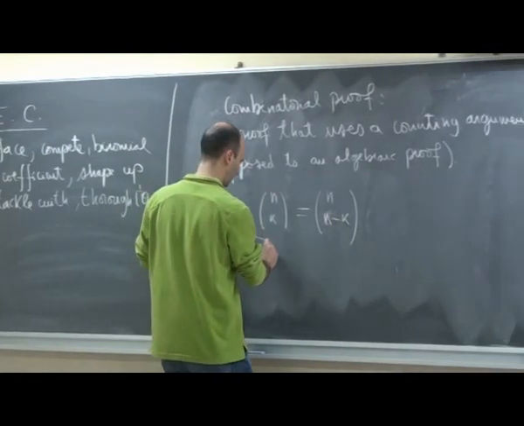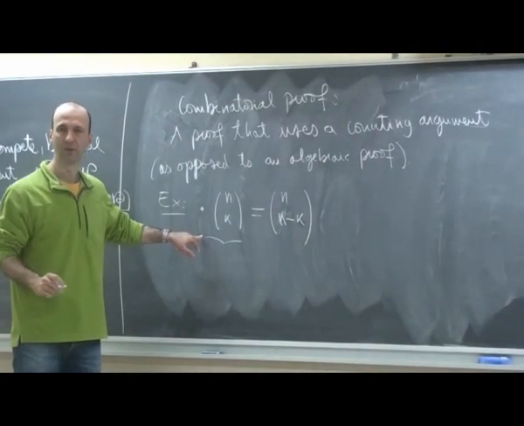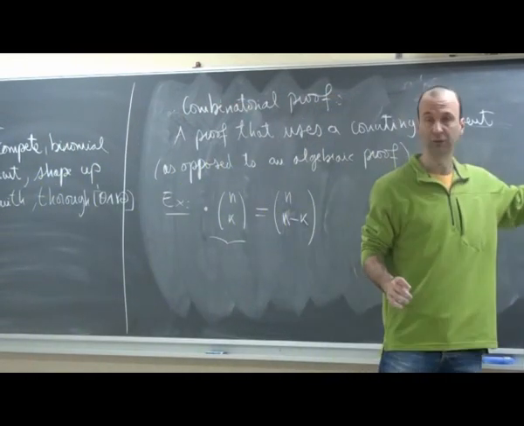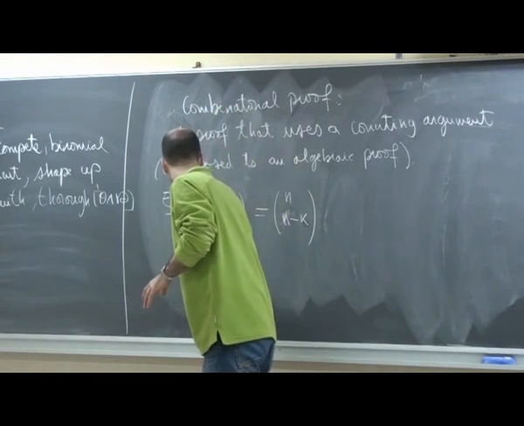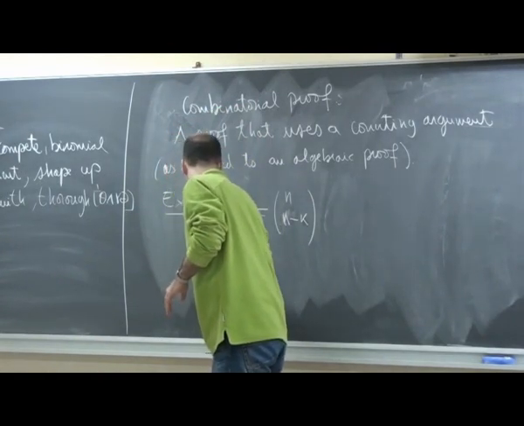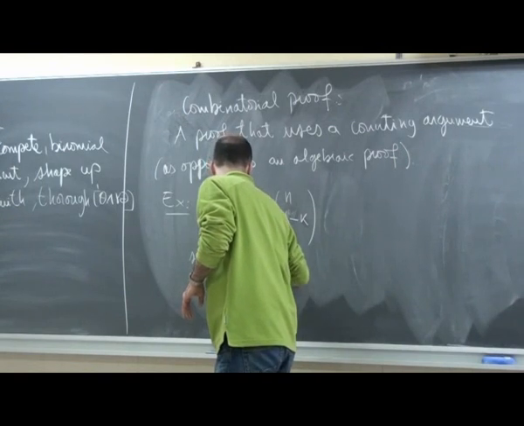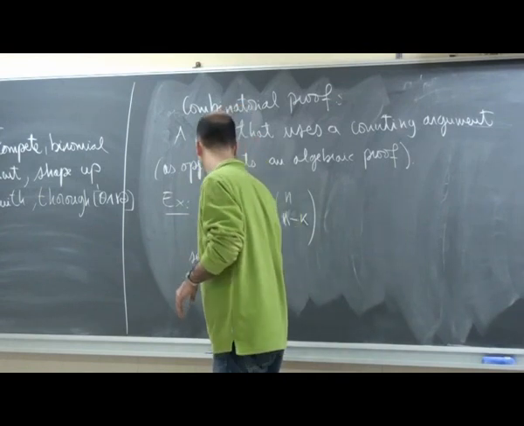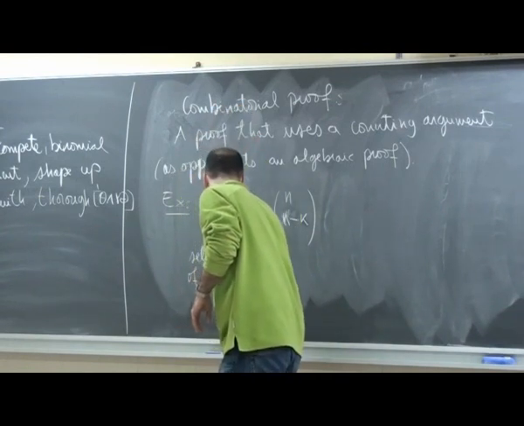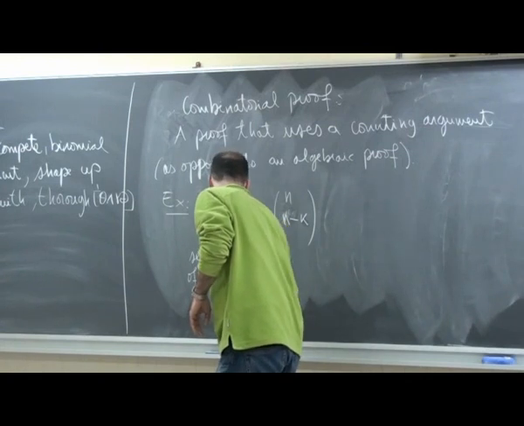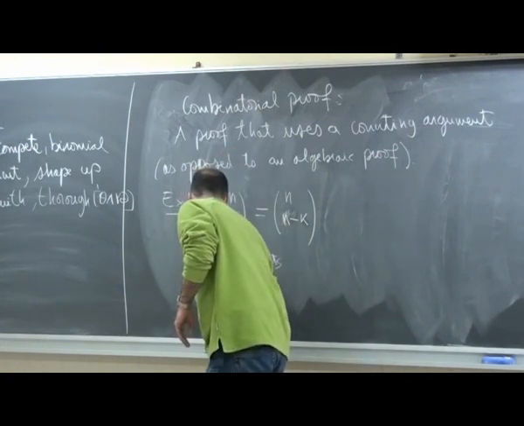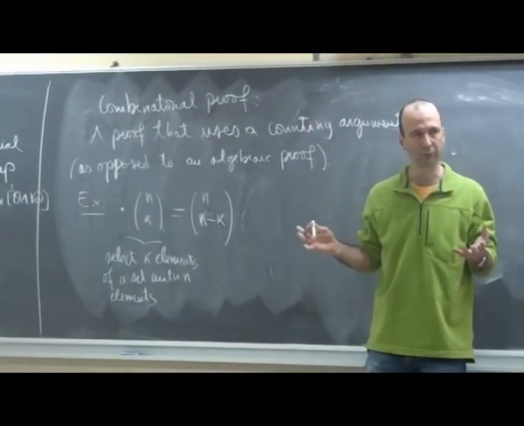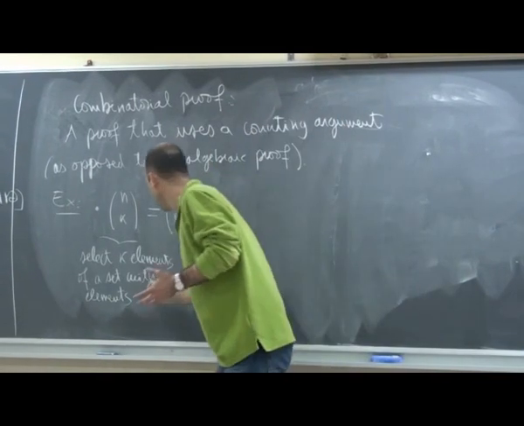So, what's the definition of a binomial coefficient in terms of selections? It is: select k elements from a set with n elements. Okay, so then how, without order, right?